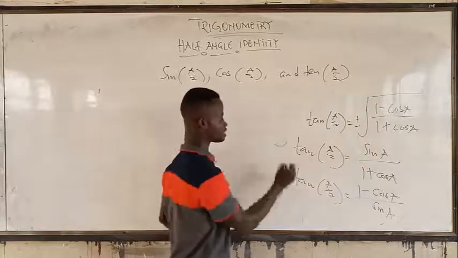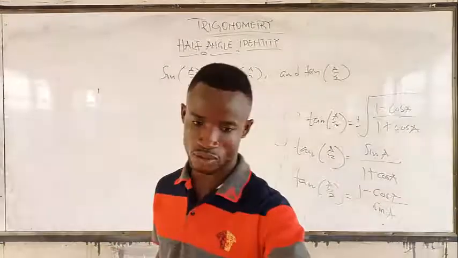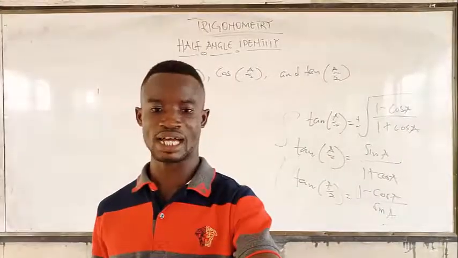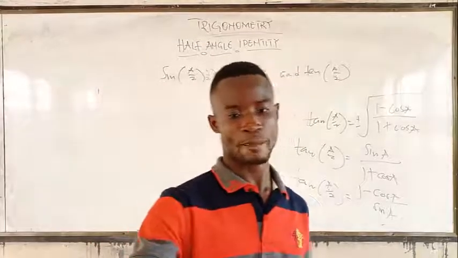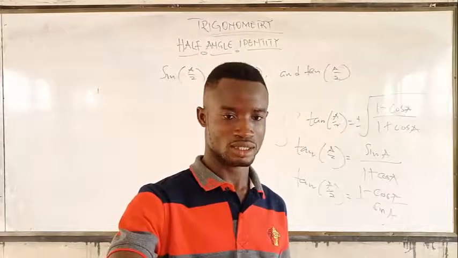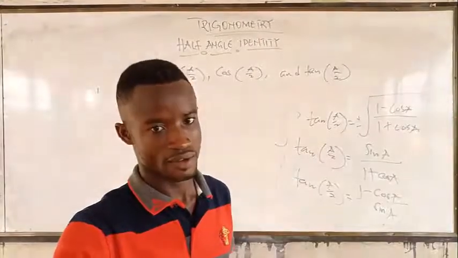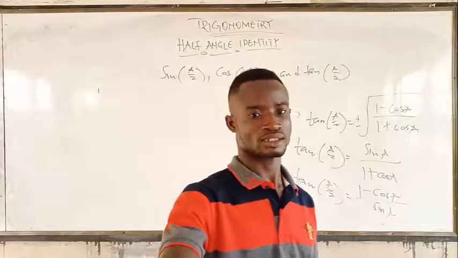So we have three identities for the half angle for tan. And that's that. So now we move on to look at how we use these identities to solve some questions. Then we proceed for the day.